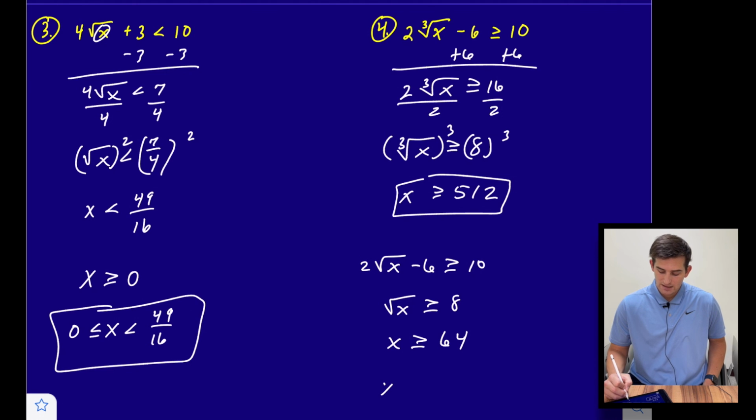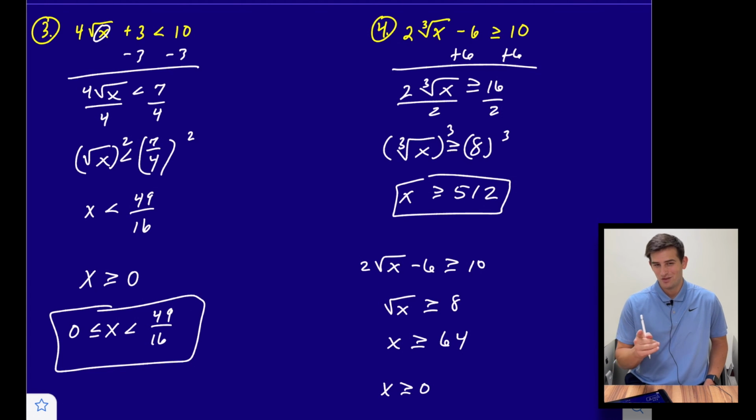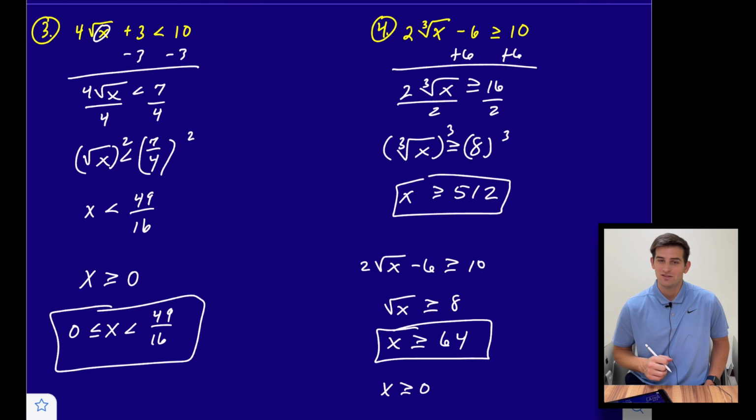So we would say x has to be greater than or equal to 0. Well, we already have one inequality that says x has to be greater than or equal to 64. So if x is greater than or equal to 64, isn't it already greater than or equal to 0? Yes, right? So we could just say this would be our one inequality that we would have to write in that case. And that is how you can solve some radical inequalities.